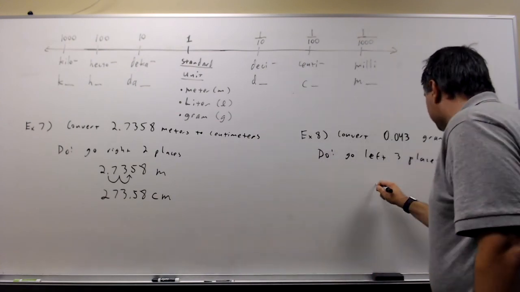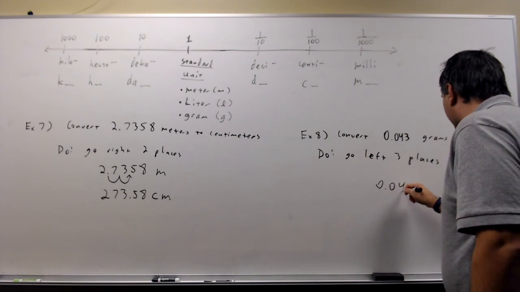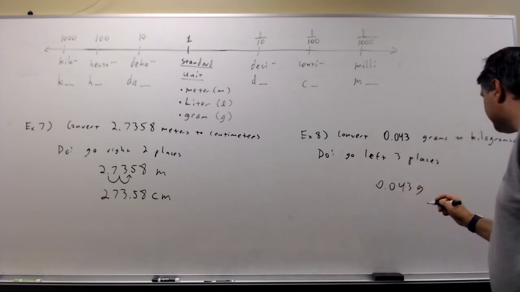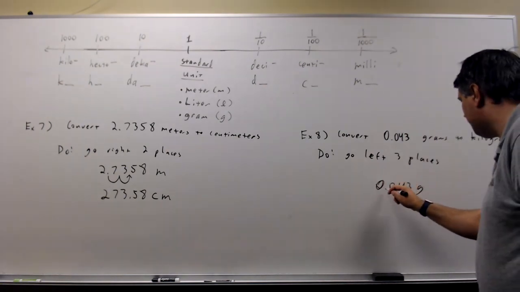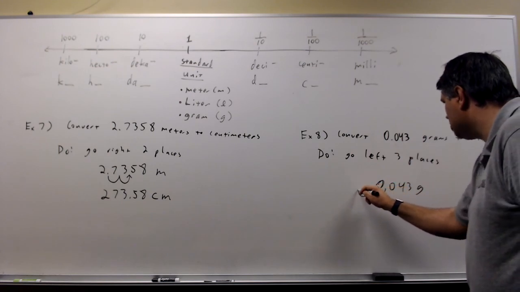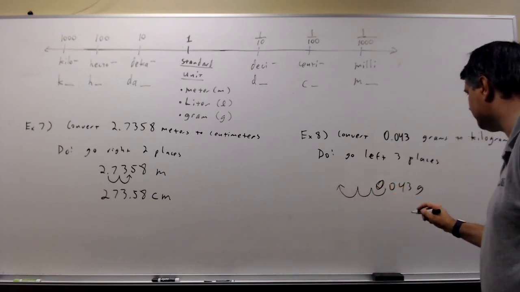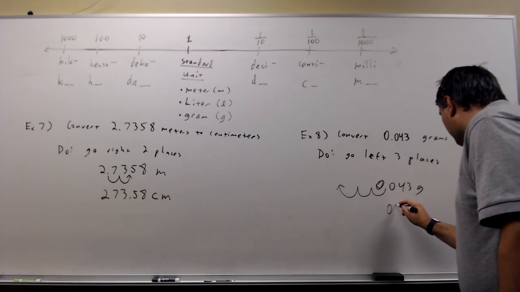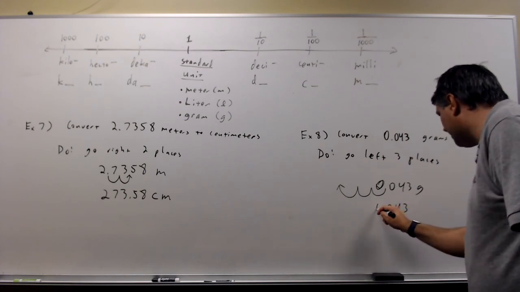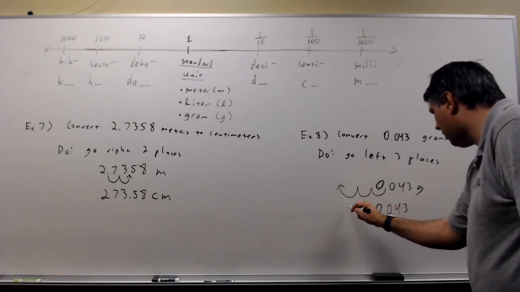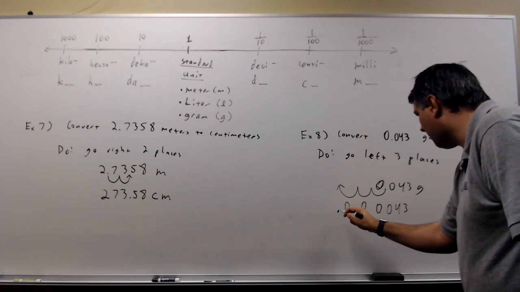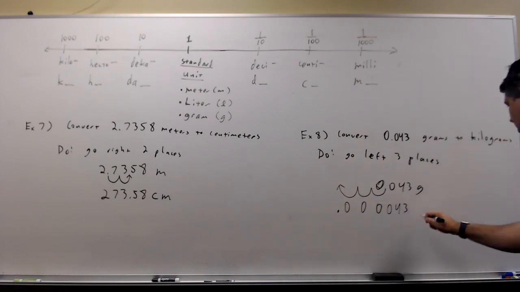Which means this 0.043 grams is actually going to get less because we're going to go over 1, 2, 3 places. We have the 0.43 that we had before, and then that 0, another 0, another 0, decimal point, and that's our kilograms.